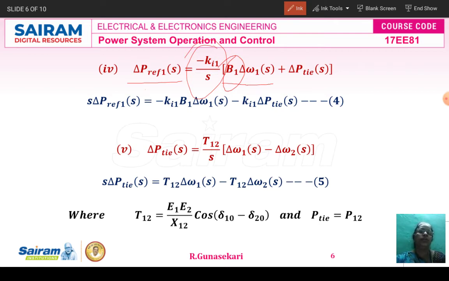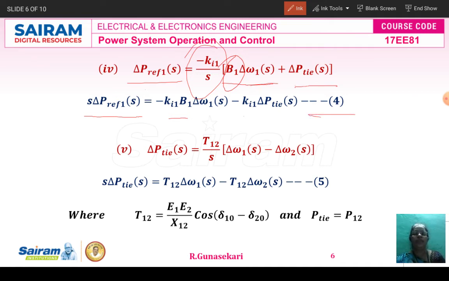So b1 into del omega 1 of s plus del p di of s. Again the same explanation you have to follow for this condition also. Therefore s into del p reference 1 of s equal to minus ki1 b1 del omega 1 of s minus ki1 del p di of s, that is equation number 4.